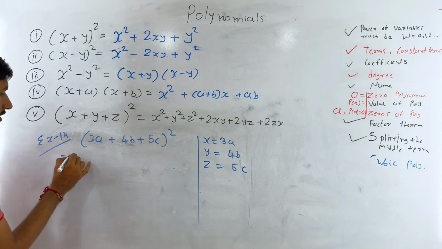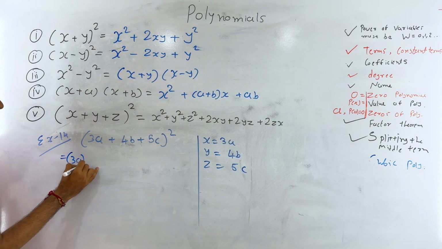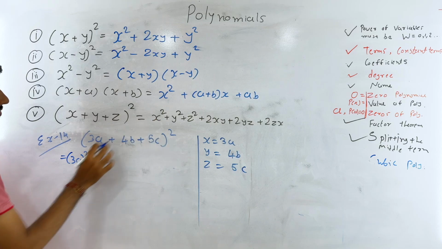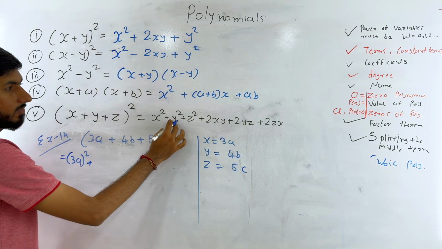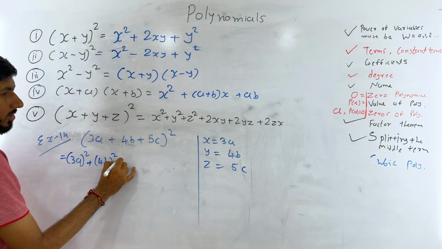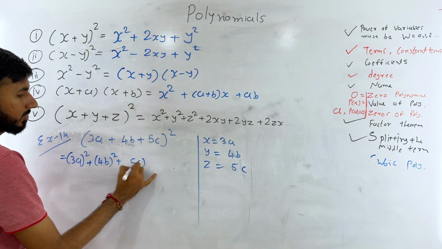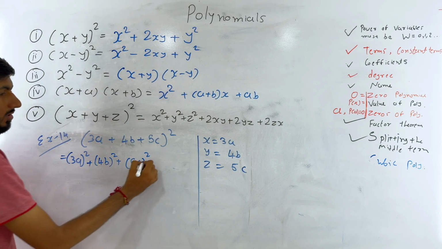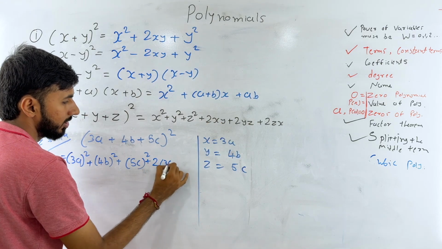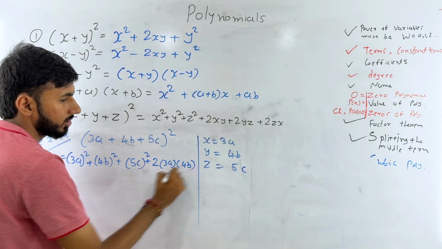Once I get the value of x, y and z, just put it in this identity. So my answer will be x square, that is 3a whole square, right? My second term will be y square, y is equal to 4b, so 4b whole square. Then again z square, that means 5c whole square. Now 2xy, that means 2 multiply x is 3a, y is 4b, right?